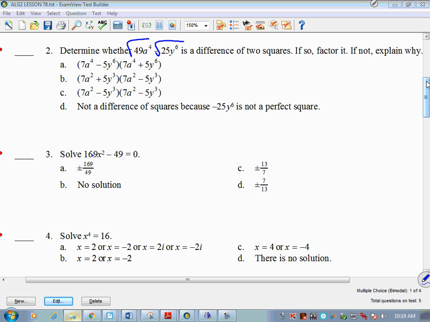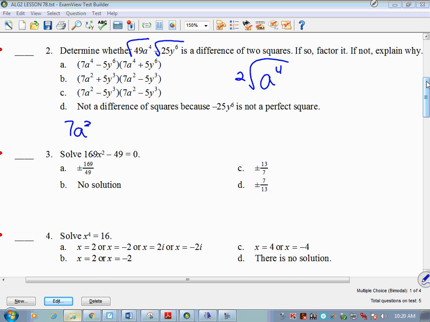What is the square root of 49? 7. What is the square root of a to the fourth? Think of it as, it's what? A to the second, because 4 divided by 2 is 2, correct? All right. And what about 25?